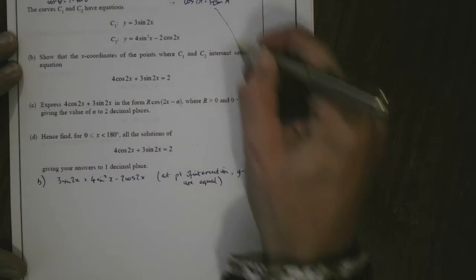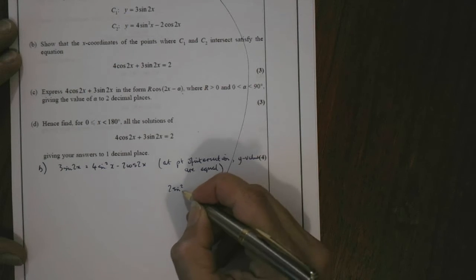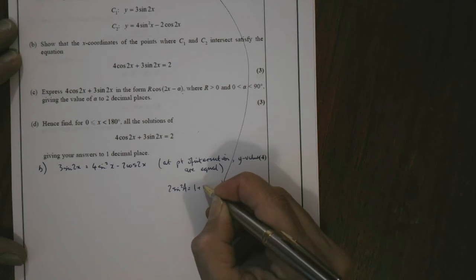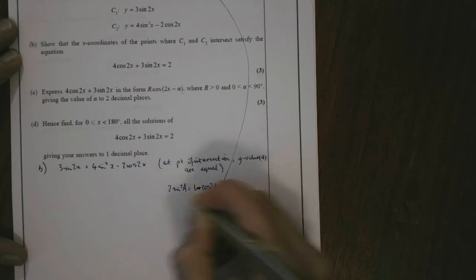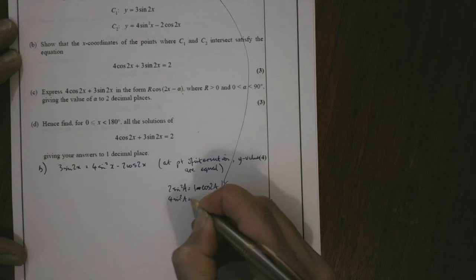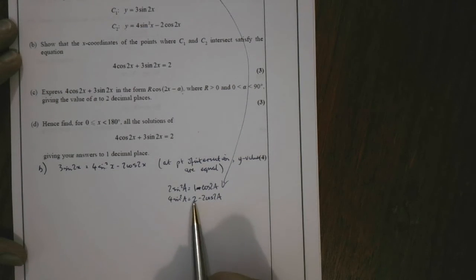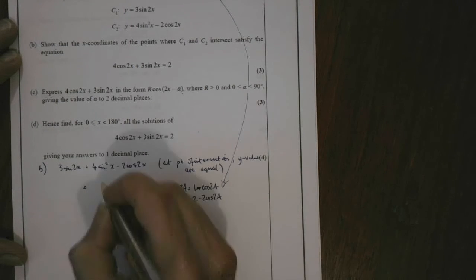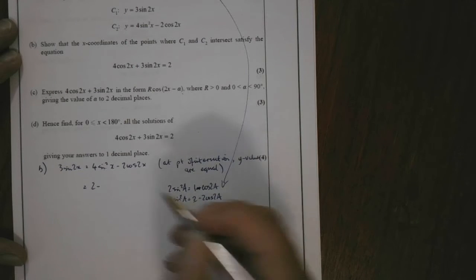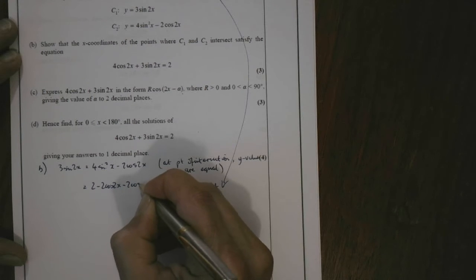So if we start off from there and we rearrange it, we get 2 sine squared a equals 1 minus cos double. So 4 sine squares is equal to 2 minus 2 cos double. So we can substitute for that bit, i.e. 2 minus 2 cos 2x, take away 2 cos 2x.